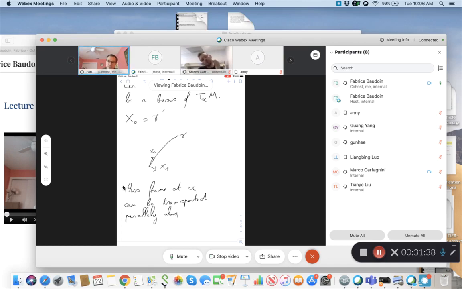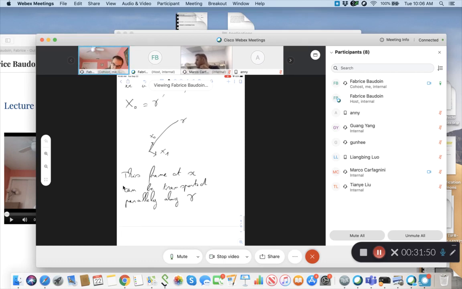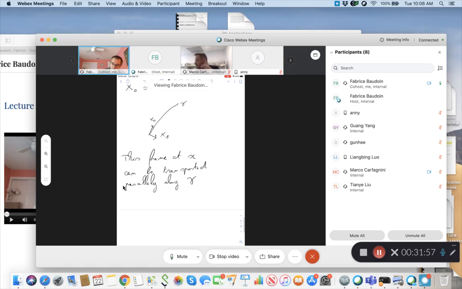It is common to still use the same notation, that is x_0 up to x_{n-1}, where n is the dimension of the manifold. So we consider the parallel transport from 0 to t along gamma of x_i.